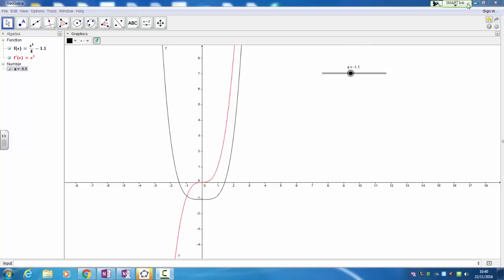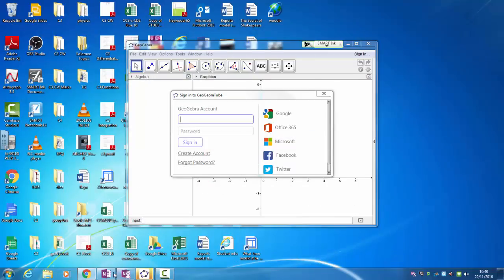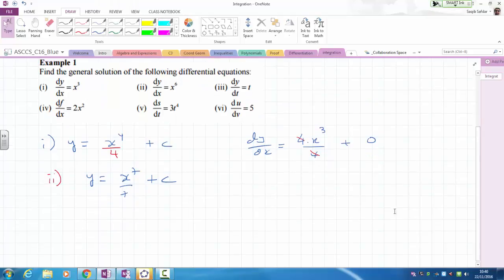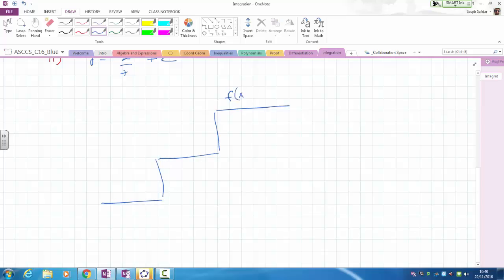Alright, let's go back to our example. And let's now set out the whole scenario for differentiation. What I'm going to do is draw a staircase. A 3-step staircase. On the first step, I'm going to write f(x). Let's just make up some function, x to the 4.